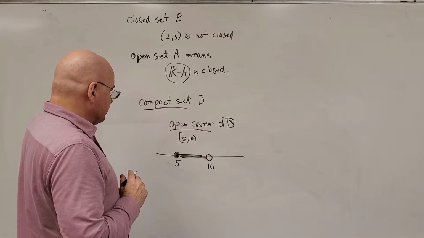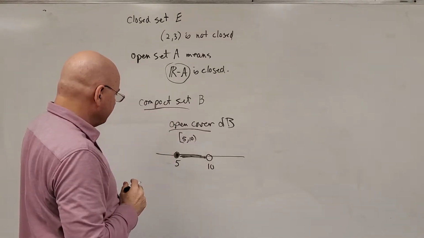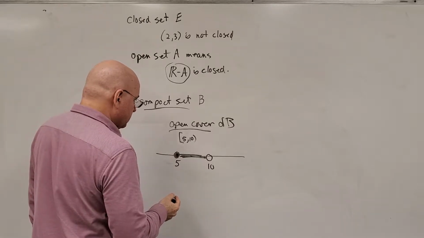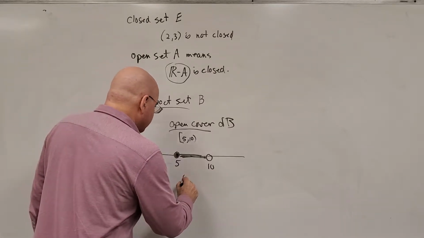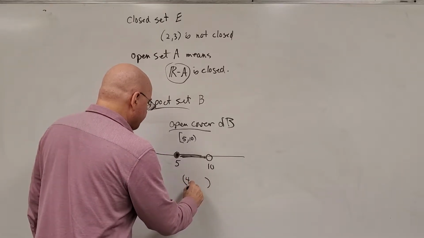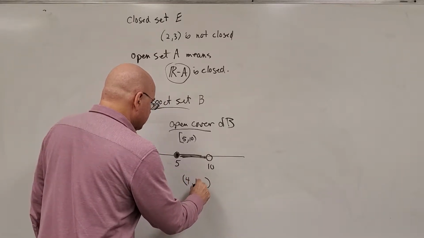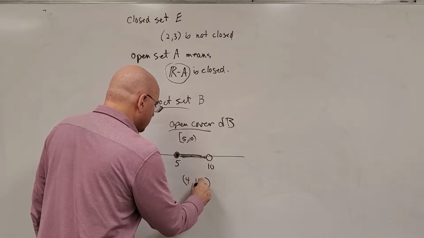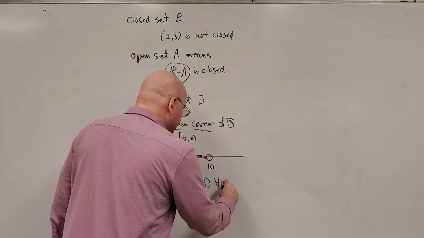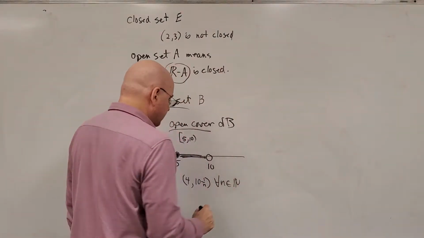We could choose the open intervals from 4 to 10 minus 1 over n, for all n in the natural numbers.